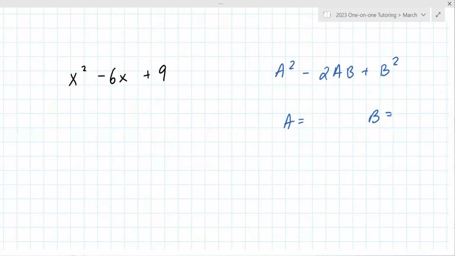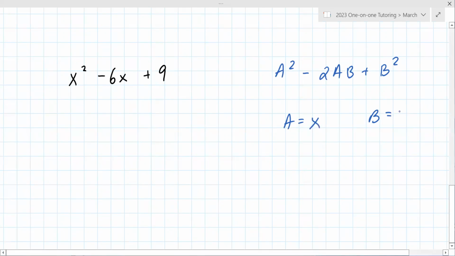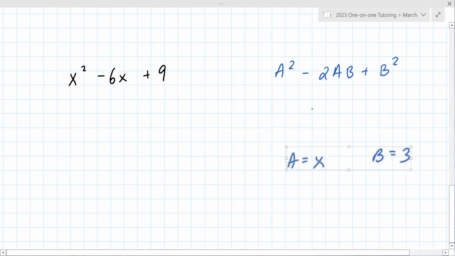Would a be x and b be 3? Yes. Because there's a minus here, it becomes a minus b squared in parentheses. So tell me what it becomes here on the left. x minus 3 squared. Good.